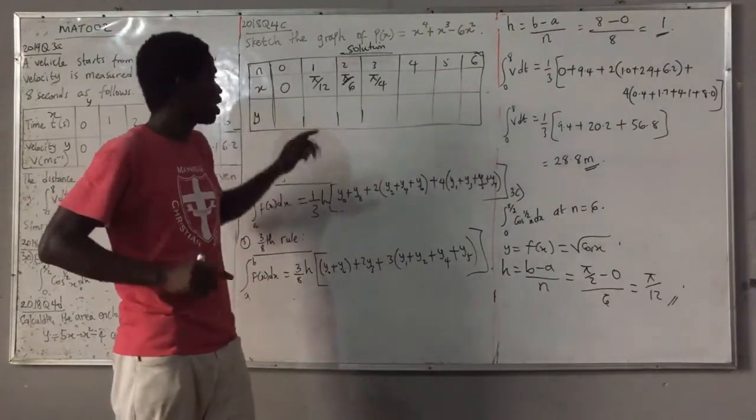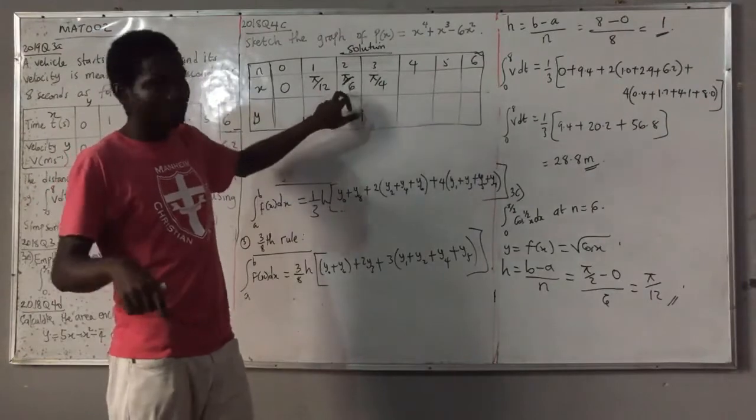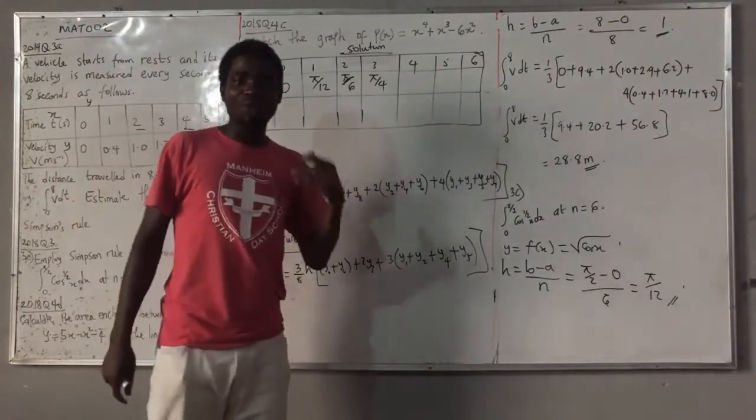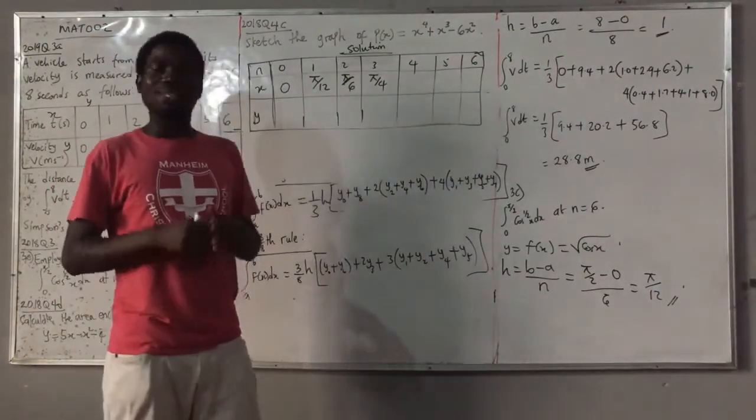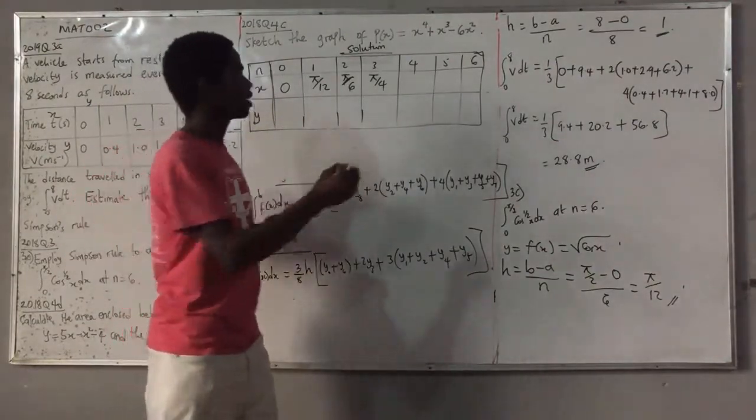Do you understand? So now, pi over 12 plus pi over 12, 2 pi over 12, which is pi over 6. 2 pi over 12 plus pi over 12, 3 pi over 12, which is pi over 4. 3 pi over 12 plus pi over 12, that is 4 pi over 12, which is pi over 3.